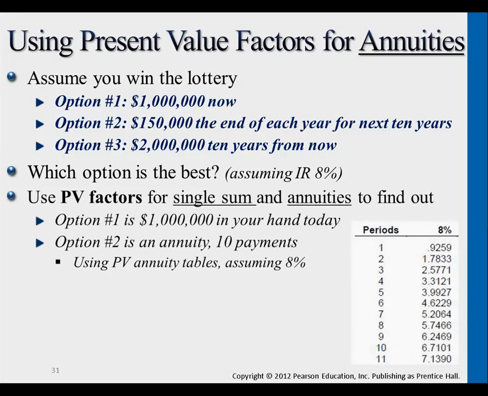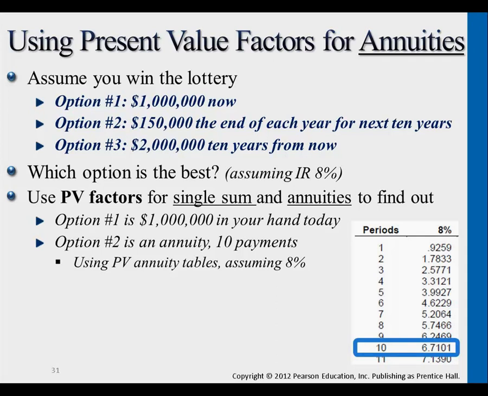So let's look at how we calculate. We're going to use these present value factors, for single sum and for annuities. Option 1 says 1 million in your hand today. Option 2 is 10 payments, so it's like our annuity. We're going to use the annuity table to calculate that present value.